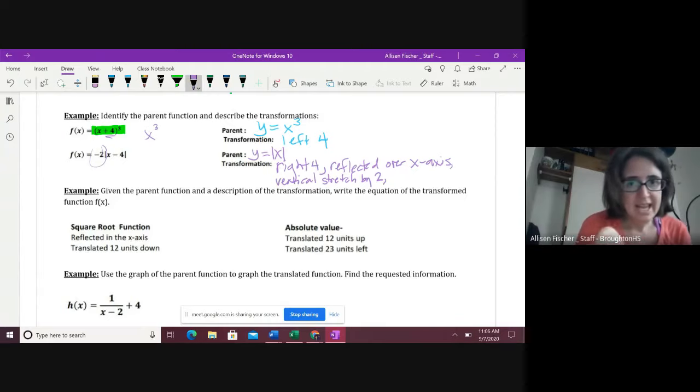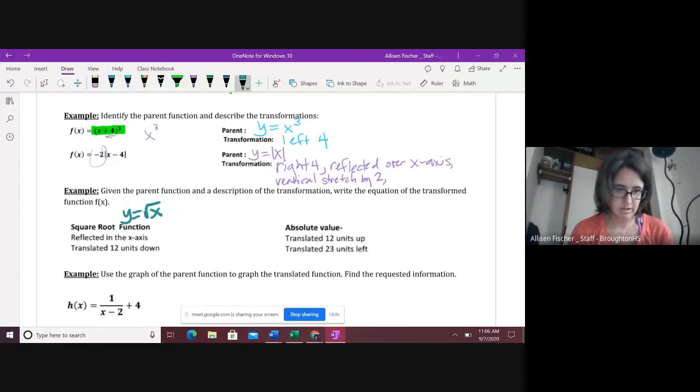All right. In this next example, it says, given the parent function and a description of the transformation, write the equation of the transformed function. So they're telling you that your parent function is a square root. So you're going to start with square root x, and then they want you to do the transformation. So it's going to be reflected in the x-axis and then translated down 12.